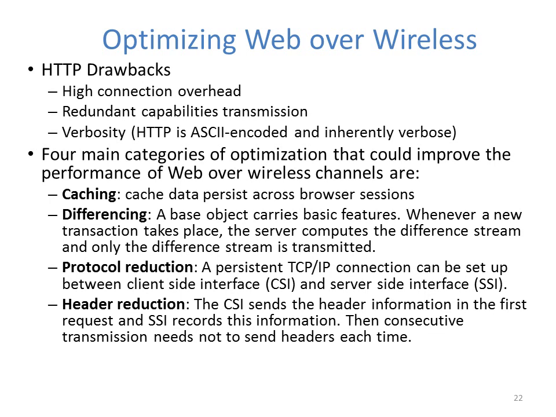In case of differencing, a base object carries basic features. Protocol reduction. A persistent TCP/IP connection can be set up between a client-side interface and a server-side interface. Next one is header reduction. The CSI sends the header information in the first request and the SSI records it for the second session.